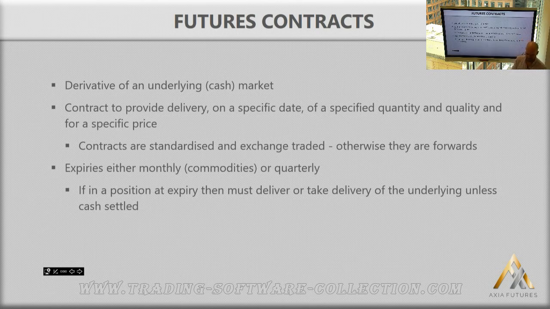So yeah, you could end up stuck with lorry loads of cocoa that you've now got to put into storage and then sell the contract for the next month and then ship it. So even though you might be able to sell it for a higher price, the fact of all that storage cost, movement, etc., you're going to get screwed on it. So don't get caught out.